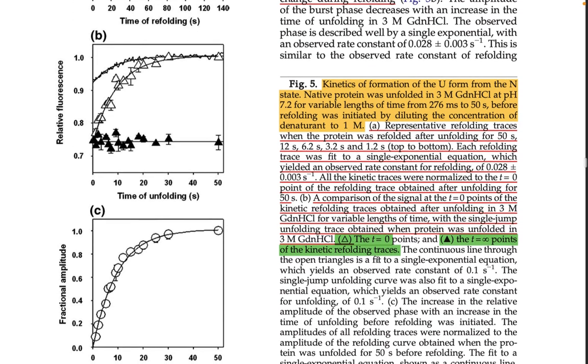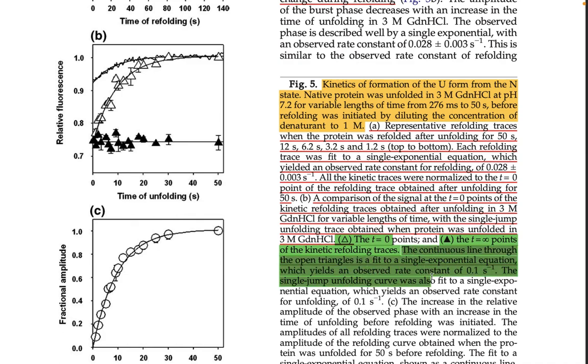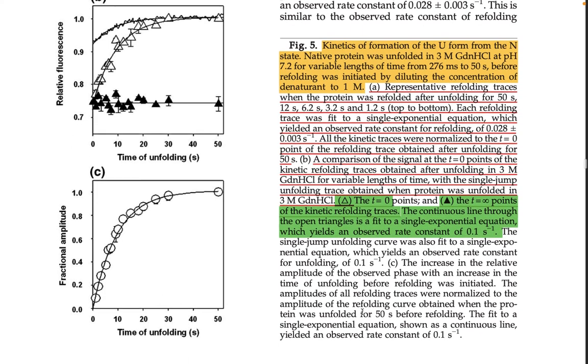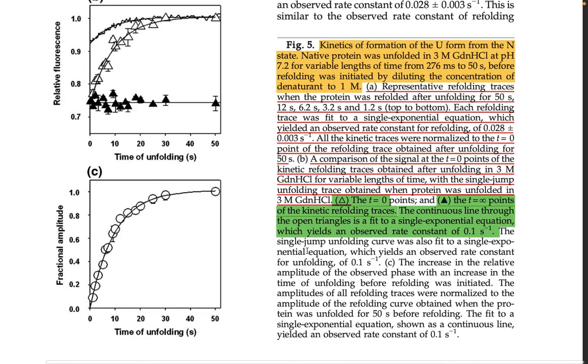The continuous line through the open triangles is a fit to the single exponential equation, which yields an observed rate constant of 0.1 second inverse. The single jump unfolding curve was also fit to a single exponential equation, which yields an observed rate constant for unfolding of 0.1 second inverse.